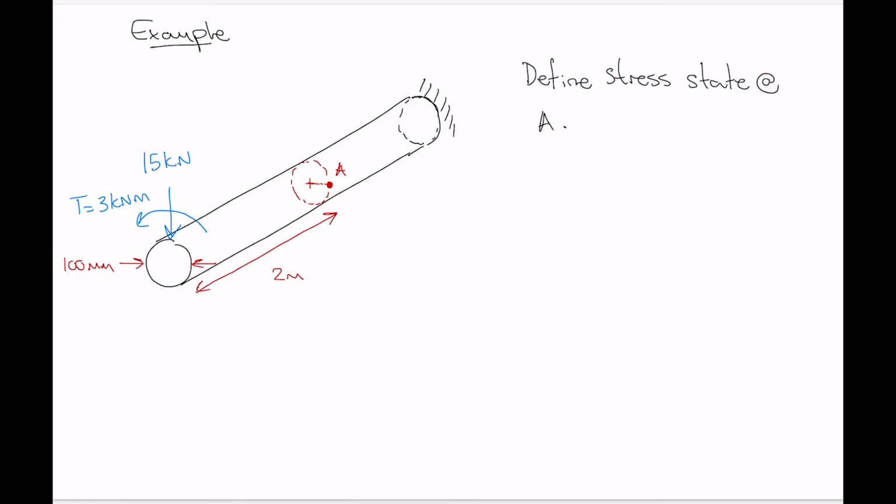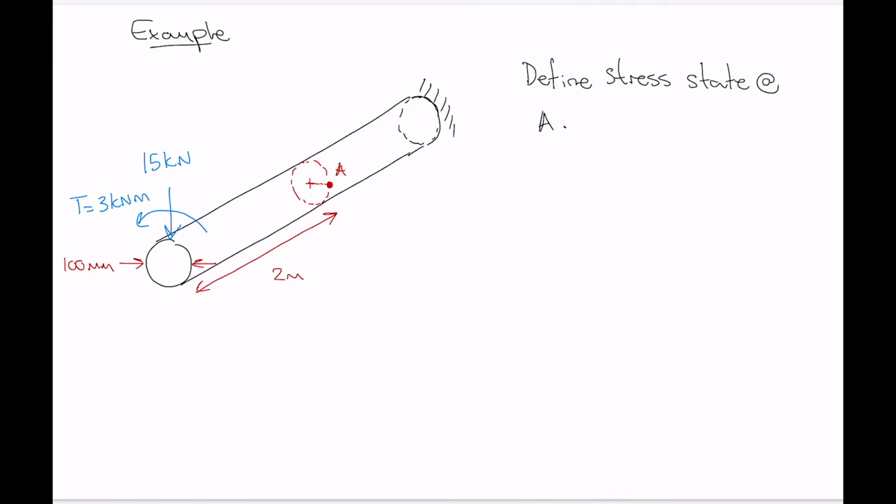So I'm going to teach you how to do this by laying out some steps. The basic procedure is the following. We find out what the internal forces are in the plane of our point of interest, that's in the section plane of point A. Then we go through those internal forces one by one, figuring out whether they cause stress at A, and if so, what stress they cause and what the magnitude is.